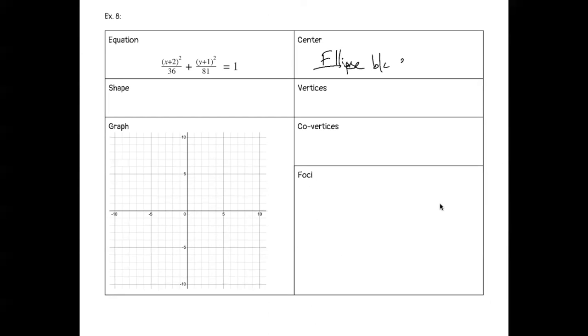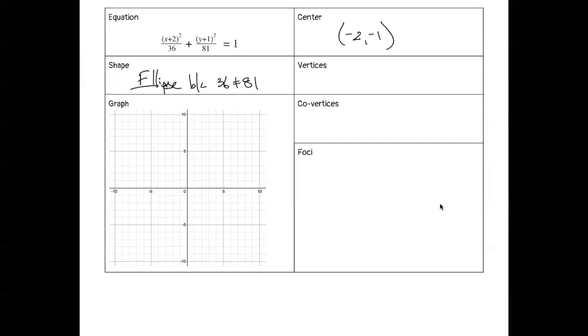I mean, the denominator is different. Perfect, I love that. 36 is not equal to 81. Beautiful. I wrote that in the wrong box. All right, center point. We're going to change the sign. So not +2, but -2, not +1, but -1. Beautiful. And we could even plot that right away if we wanted to.